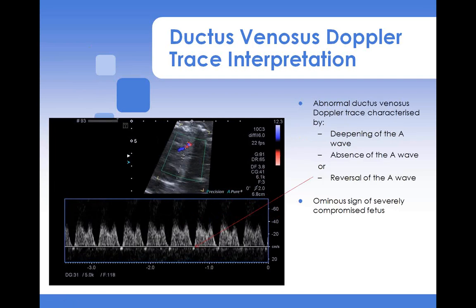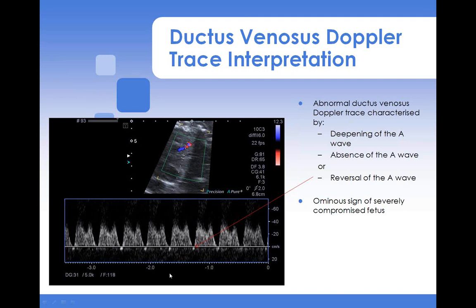So in abnormal ductus, what happens is that the cardiac output is so compromised that the atria is unable to fill well, and you get either a deepening of the A wave, you get absence of the A wave, or like in this case, I'm showing here, there's a reversal of the A wave.